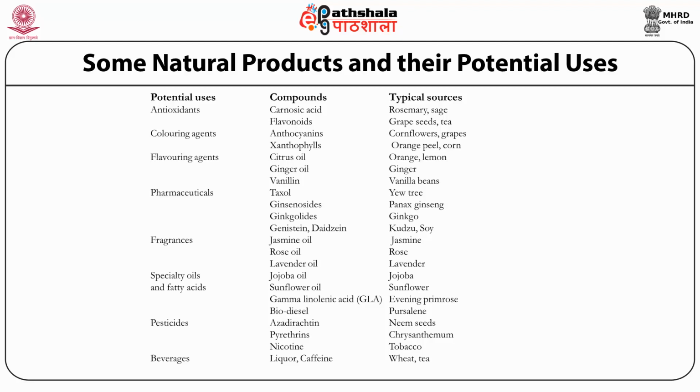Neem is a very good source for azadirachtin, the insect plant gives pyrethrins, and the tobacco plant gives nicotine. All of these are pesticides used in agriculture. And the last of all are beverages. Caffeine is used, or even as a stimulant, tea is used as a beverage, which is an important use of these natural products.